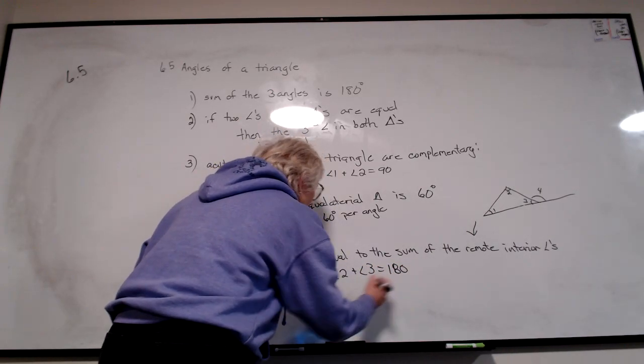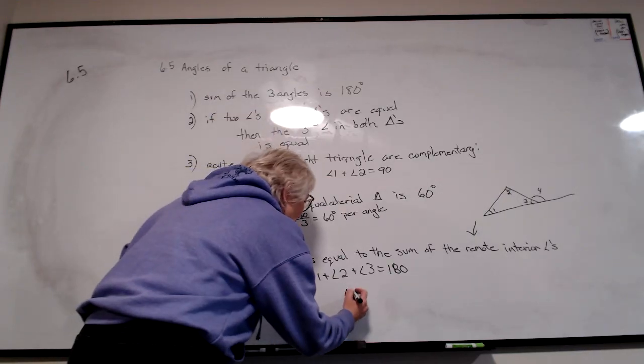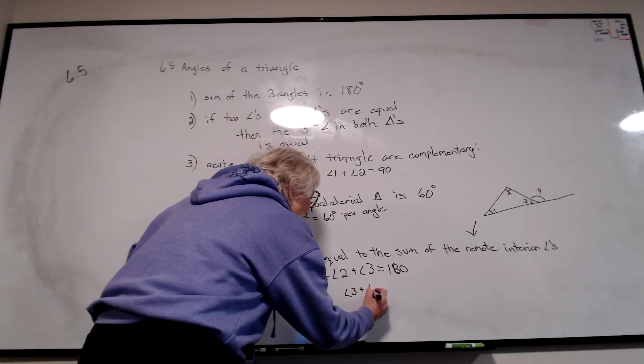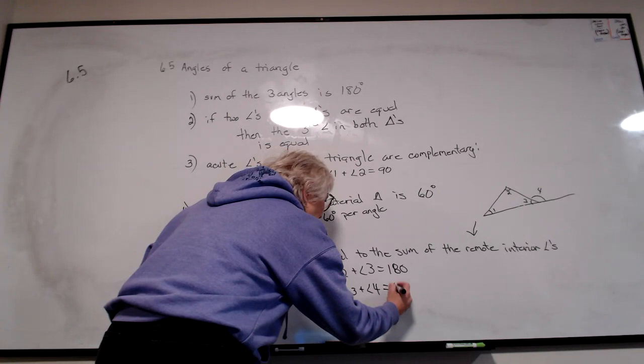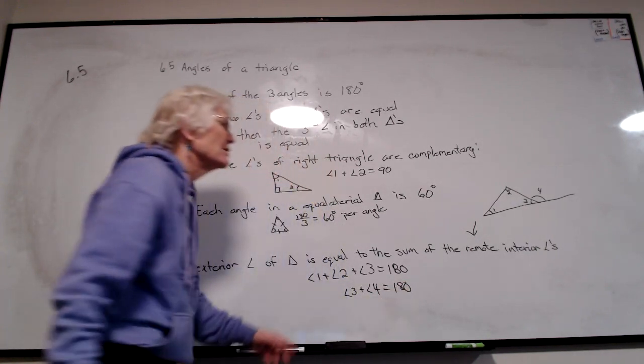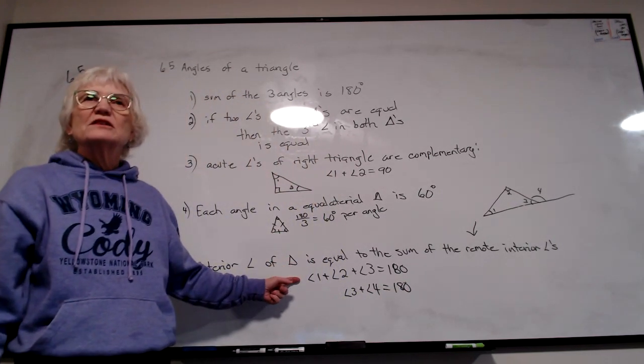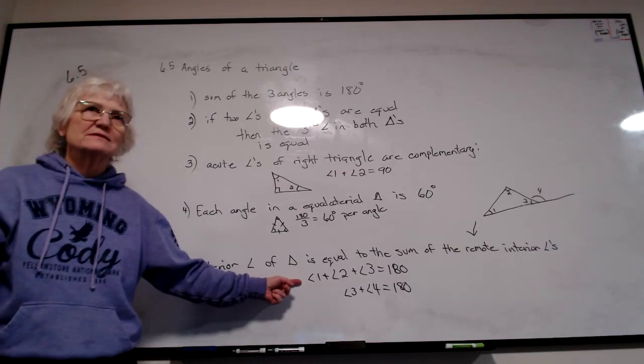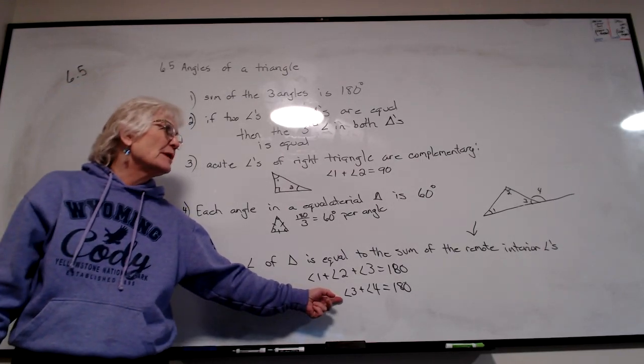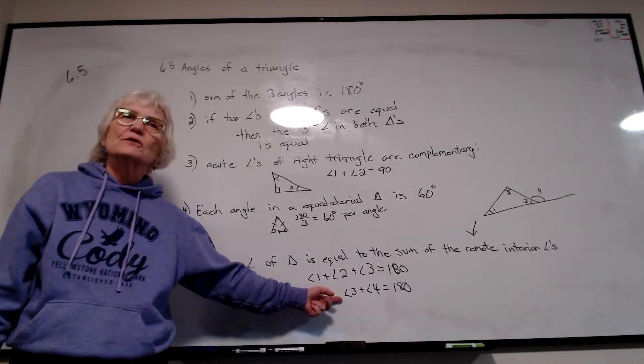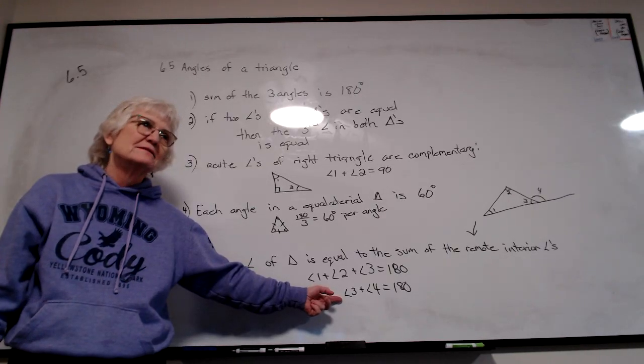We also know that angle 3 plus angle 4 equals 180 degrees. Does everybody agree with that? Inside the triangle, they're 180. The two linear pairs, which are 3 and 4, are equal to 180.